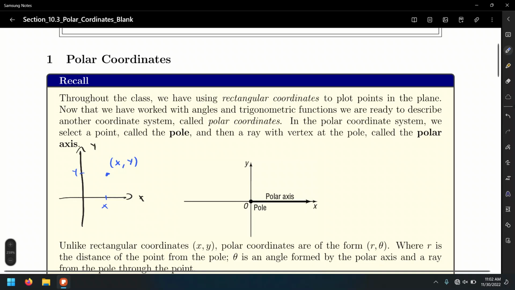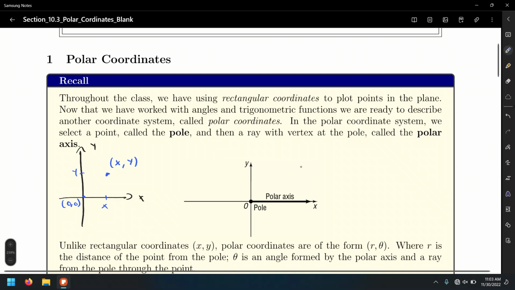So yes, we're still going to have an origin, just like the Cartesian system. There's the origin 0, 0. And in the polar system, we also have an origin, but we don't call it origin. We call it the pole. And the pole is the point, the ordered pair, that is also 0, 0.